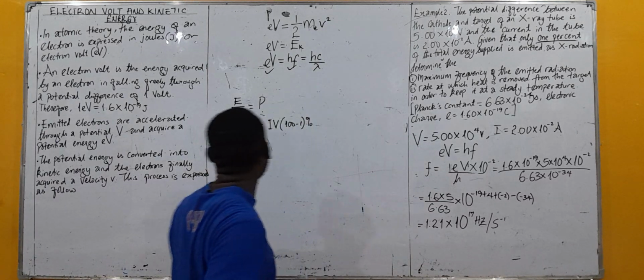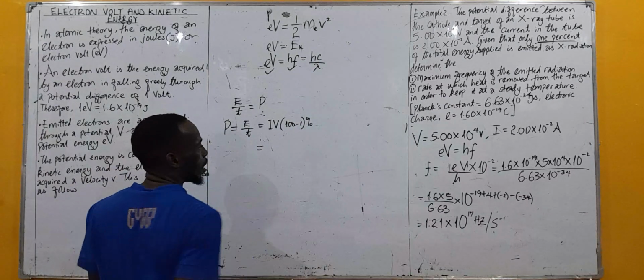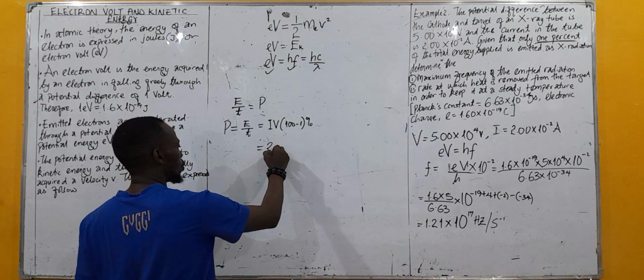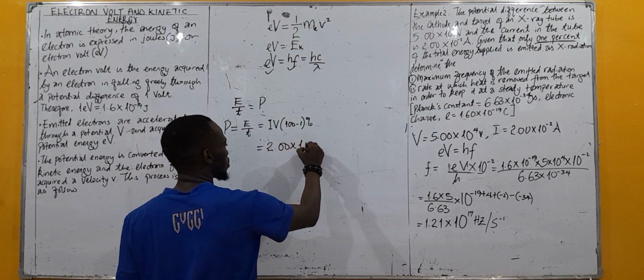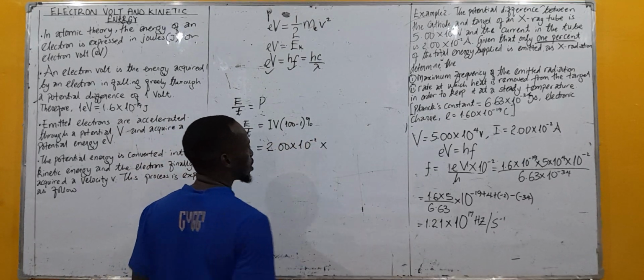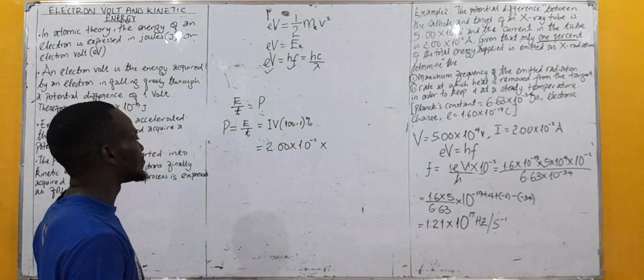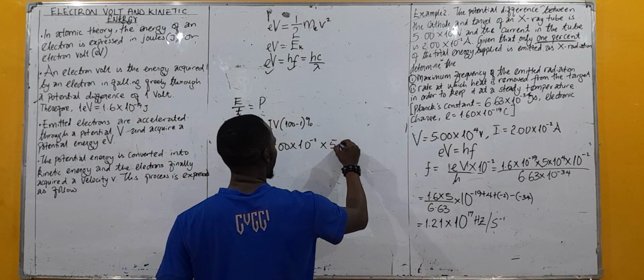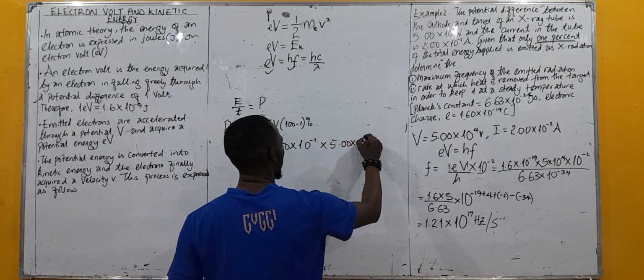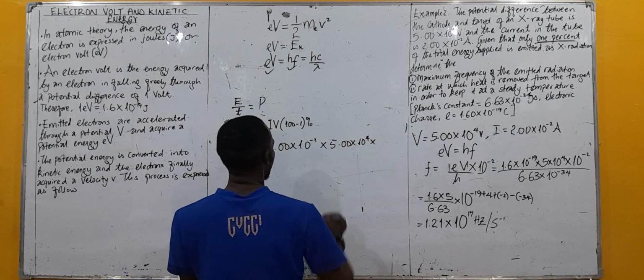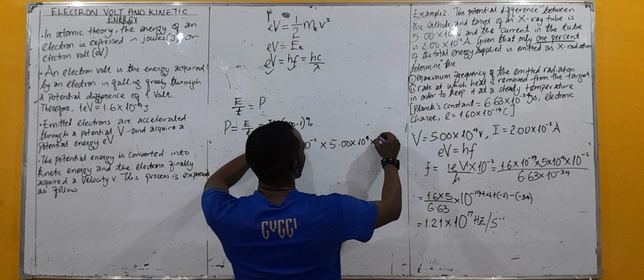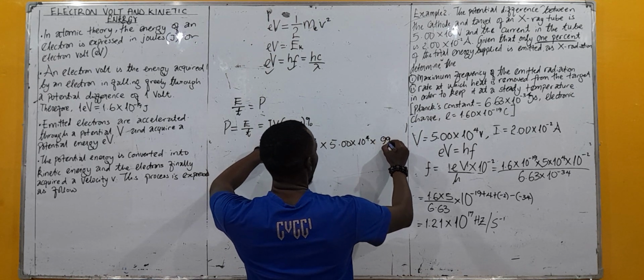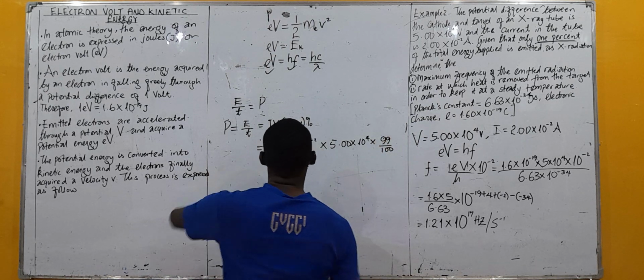So what is I? I is our current, which is 2.00 times 10 to the power minus 2, times our voltage, which is 5.00 times 10 to the power 4, times 99%, which is 99 over 100.